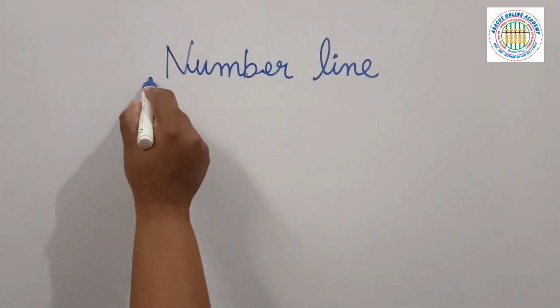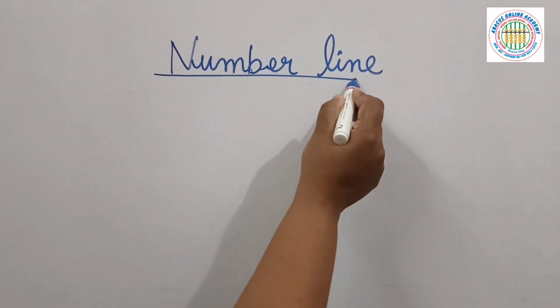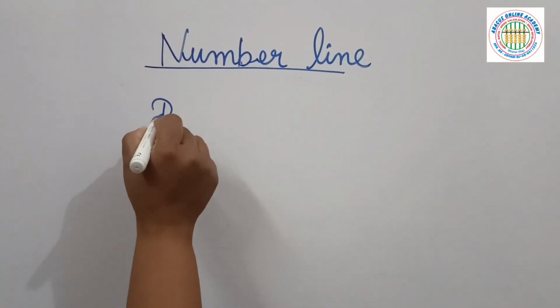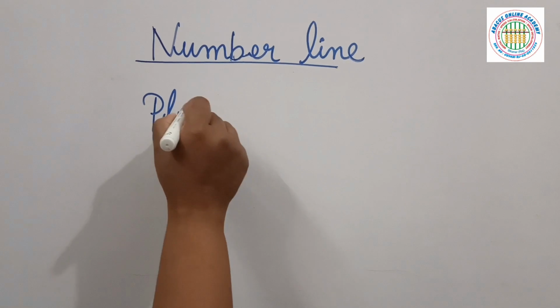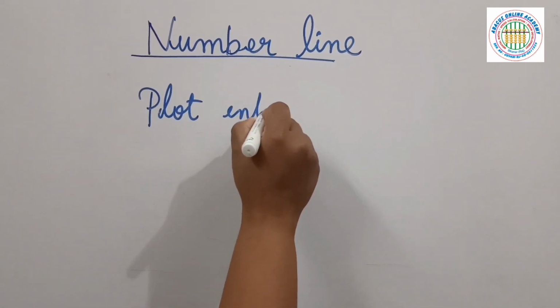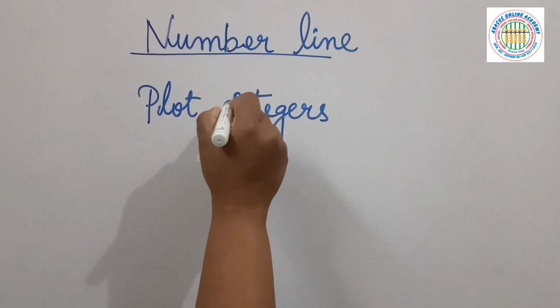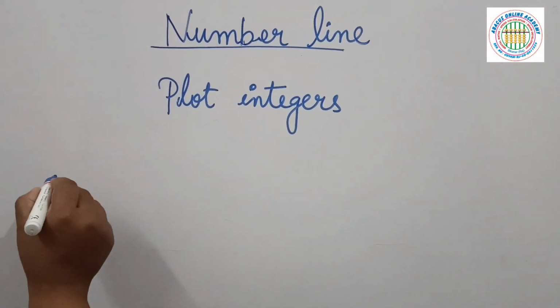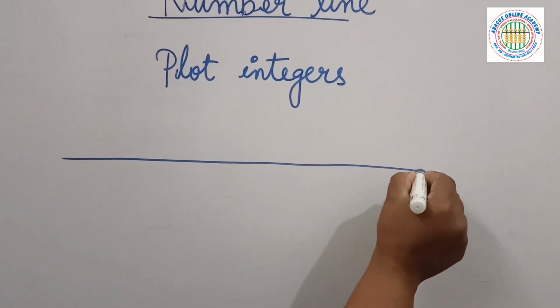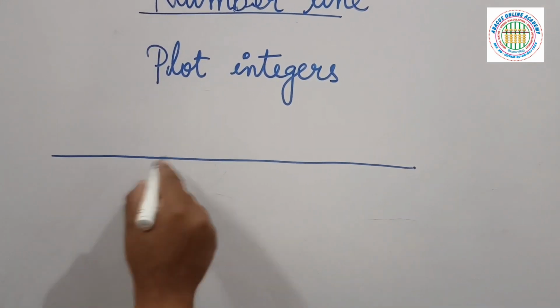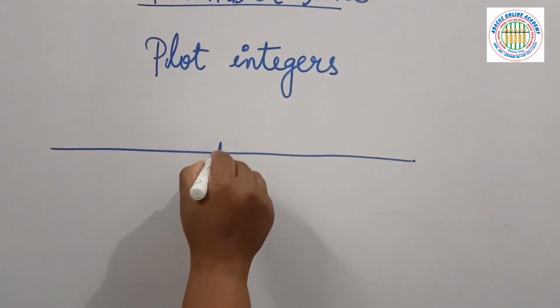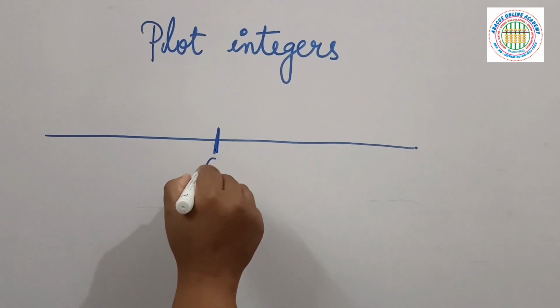The next one is the number line. We are going to plot integers on the number line. First for this we'll draw a straight line and mark the midpoint of this line where you get a 0.